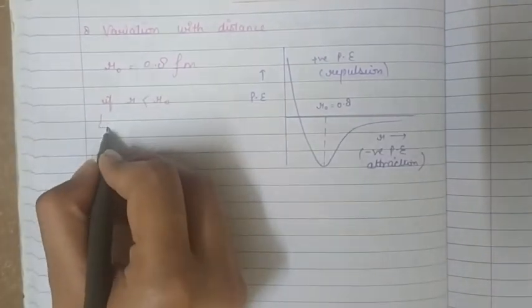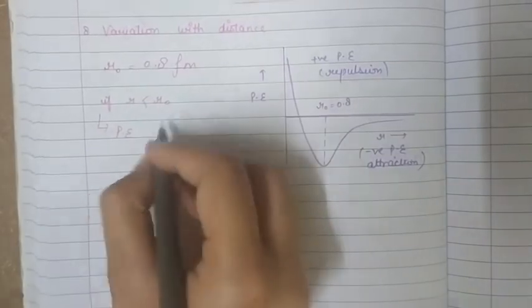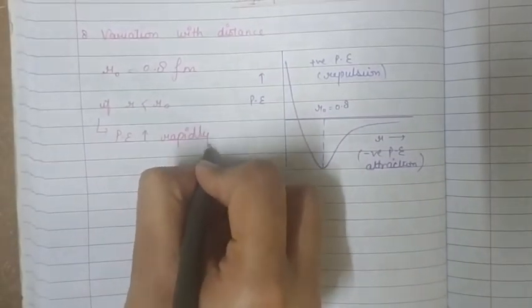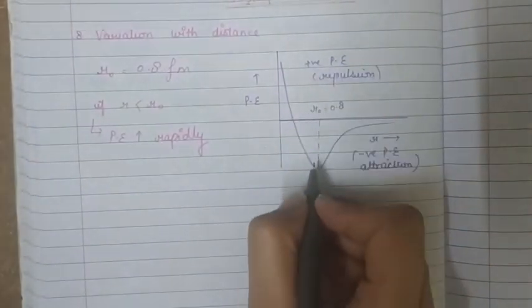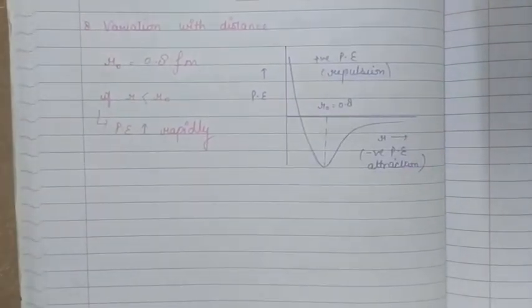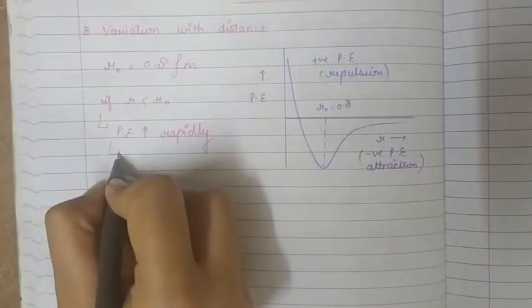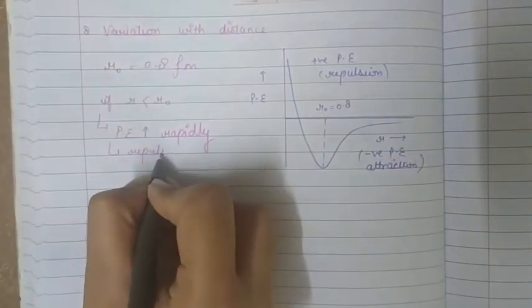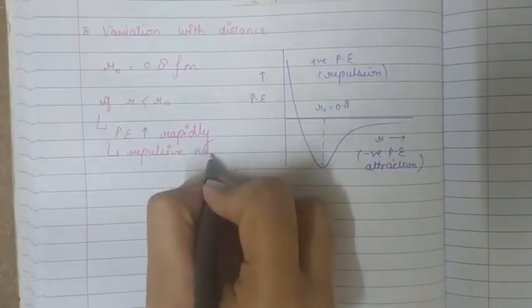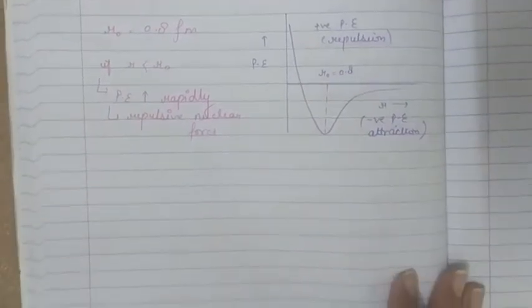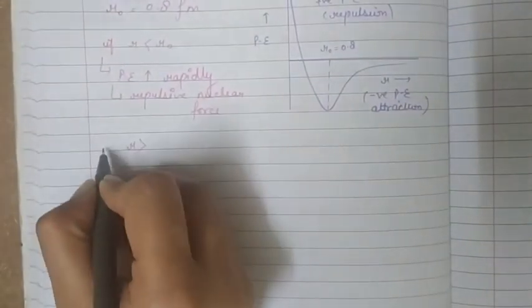This positive potential energy shows repulsion between nucleons, or the repulsive nuclear force. It is representing the repulsive nuclear force.